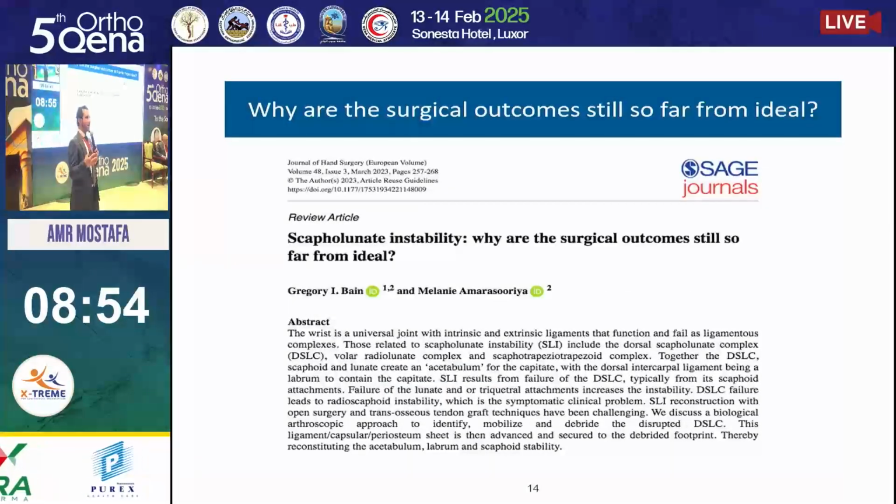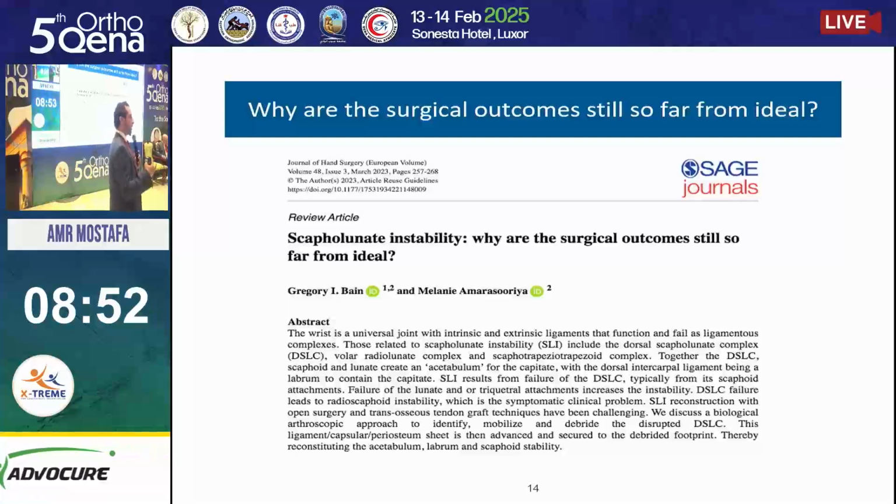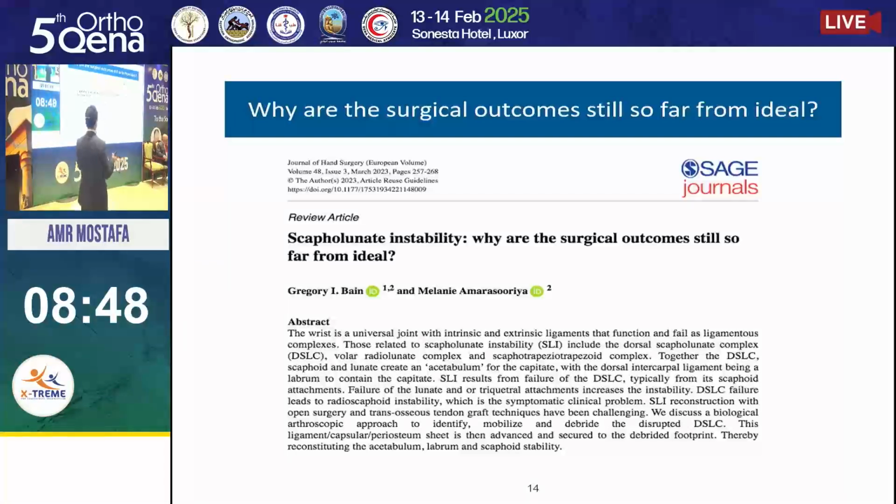Which in turn, came Greg Payne 2 years ago with his publication, which is, as Dr. Abdelaziz stated, why are the surgical outcomes of the scapholunate instability still so far from the ideal? Why? Because we only repair or reconstruct the ligament and not the complex.